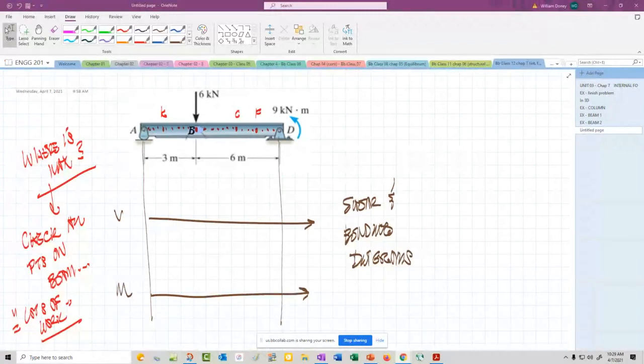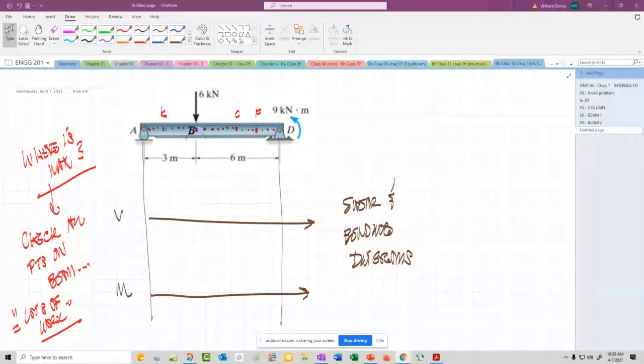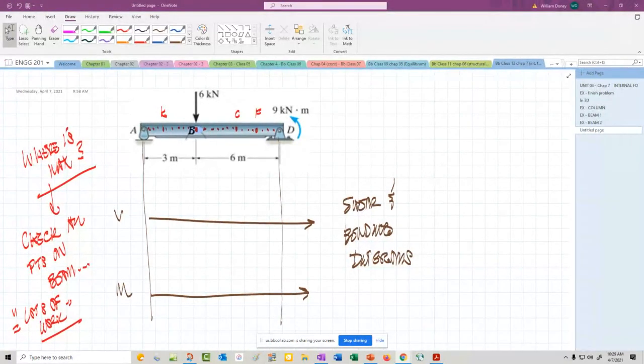Okay, can somebody just drop in the text if they're still hearing me or seeing this? Okay, thank you. I'm just seeing some red X's on some things, so I'm not sure what the issue is, but okay. I'll give it a second before I continue.